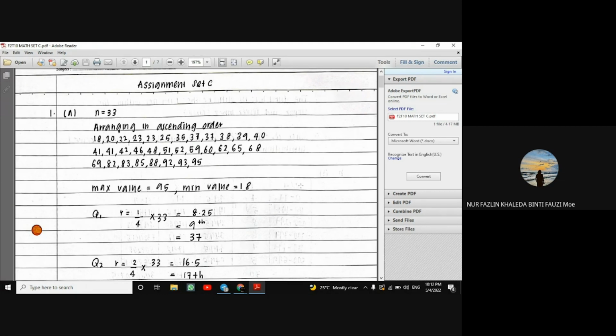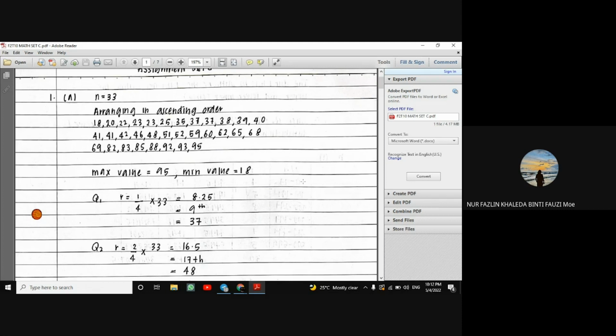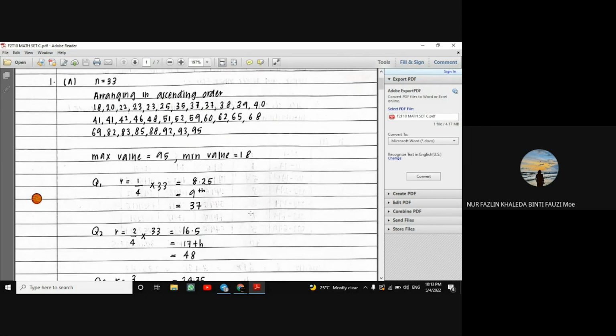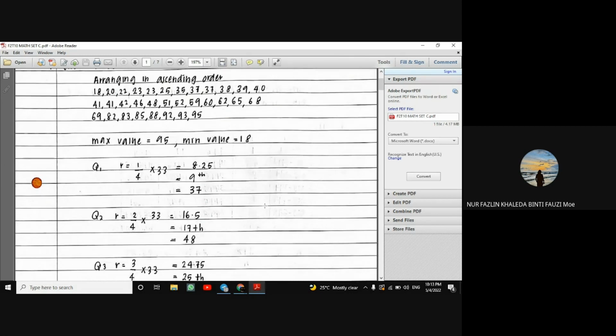For the first quartile, we multiply the total number by 1 over 4. For the second quartile, we multiply 33 by 1 over 2 and we get the second quartile. For the third quartile, we multiply 33 by 3 over 4 and we get the third quartile. Then we calculate the upper and lower inner fence with these two formulas.